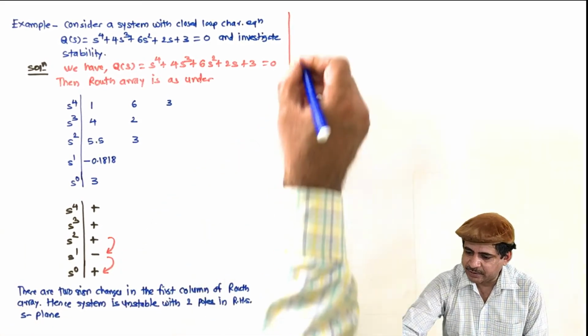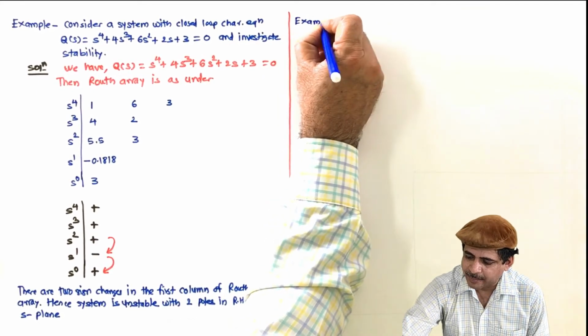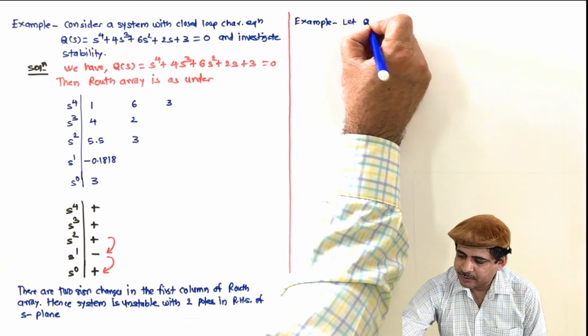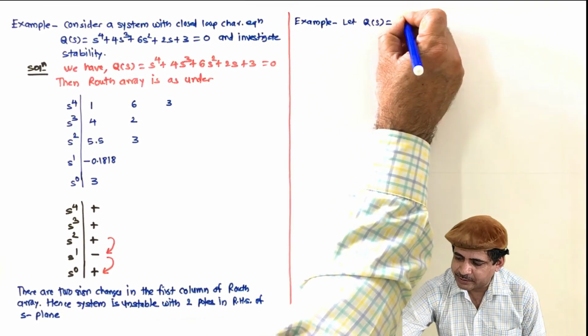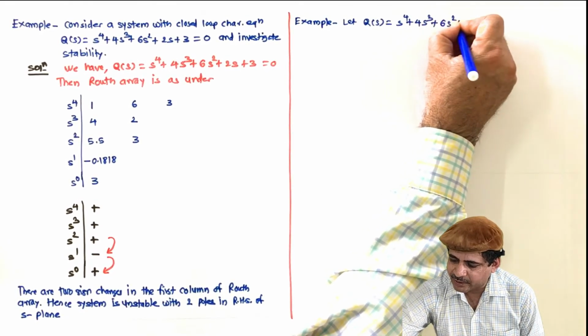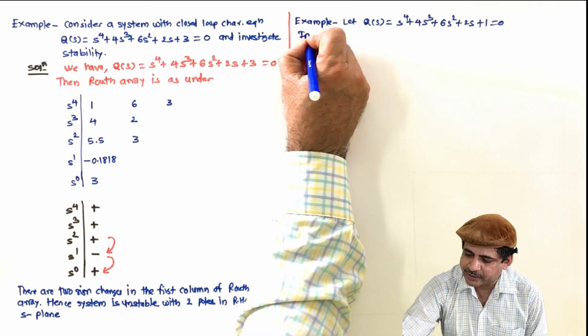In the next example, let q of s is equal to s raised to 4 plus 4s cube plus 6s square plus 2s plus 1 equal to 0, and then investigate the stability.